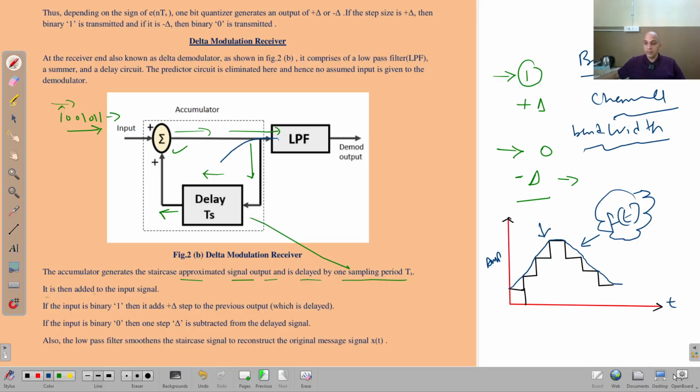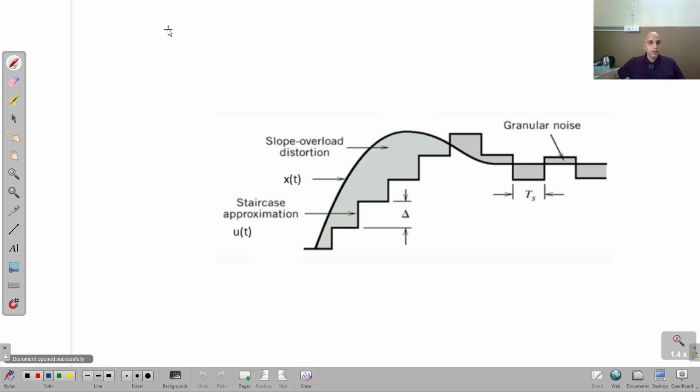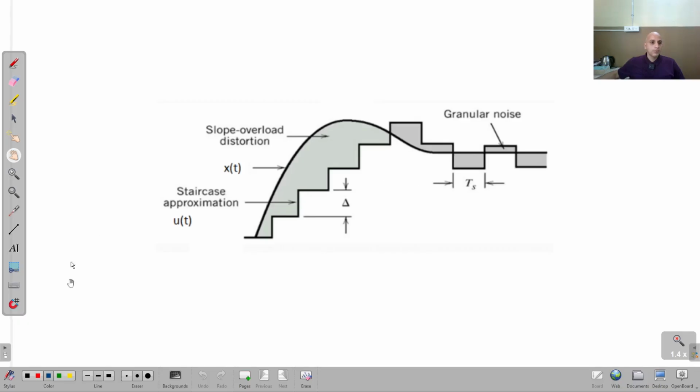I'm showing you a picture here. Now you look at these pictures. Delta modulation, as I told you, suffers from two major drawbacks.